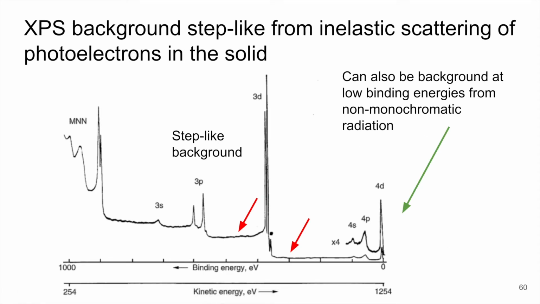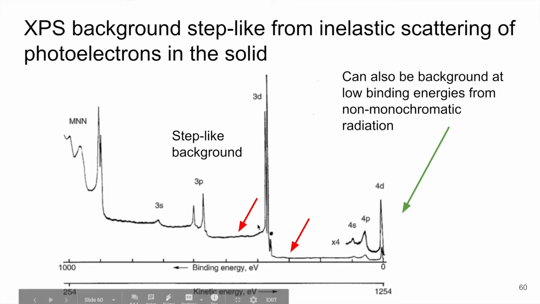All right, so the one thing you might notice with these spectra is that the XPS background is actually step-like. So we see that it's relatively flat here, we have a peak, and then the background steps up. This is because we have inelastic scattering of photoelectrons in the solid.